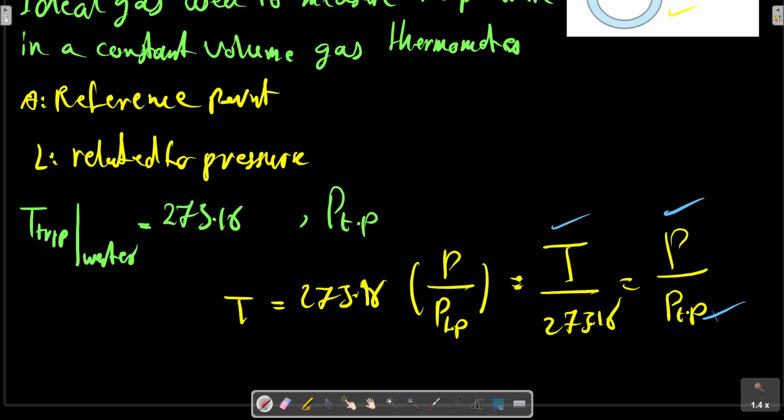is plotted against the pressure of the gas with the bulb at the triple point of water, a curve obtained as T over T triple point, P over P triple point, for gas temperature, and we have this sketch.